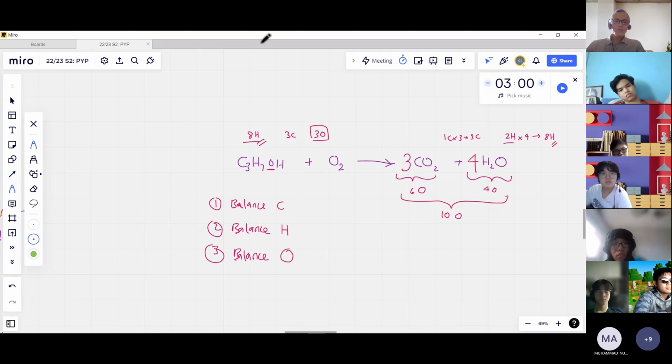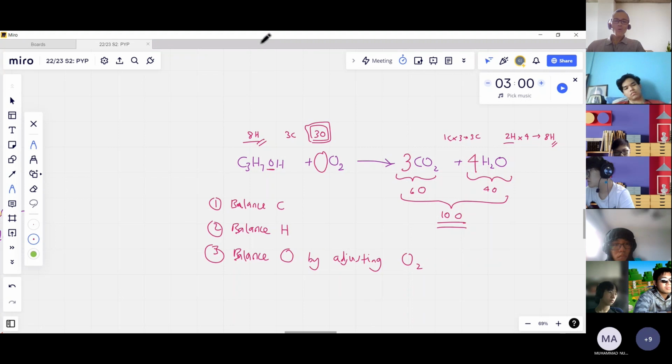Well, okay, guys, the trick here is you balance your oxygen by adjusting O2. Try not to do something there, do something here. Here I have 10, here I have 3 only. So this one I don't touch, this is 1, so I touch this side.